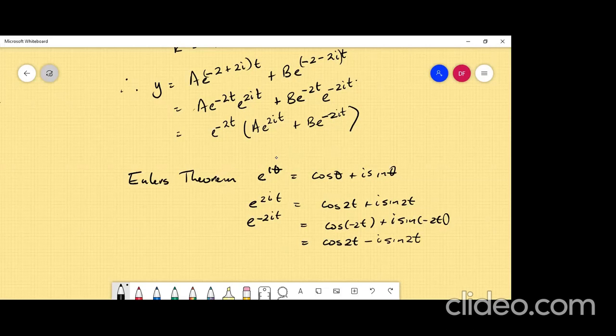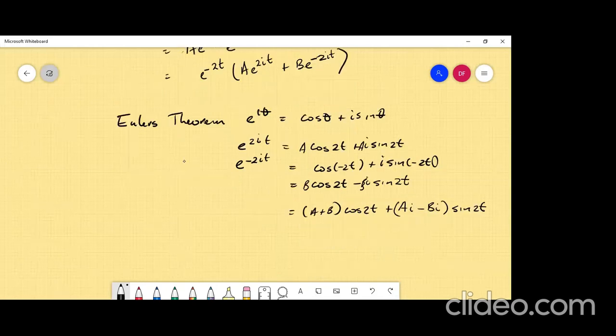So now we are going to add these two together. This is A, and like I said, this is all rough work, but I established things from first principles. So this is A plus B, if I add them together, cos 2t plus Ai minus Bi sine 2t. When you add two constants together, you get another constant.